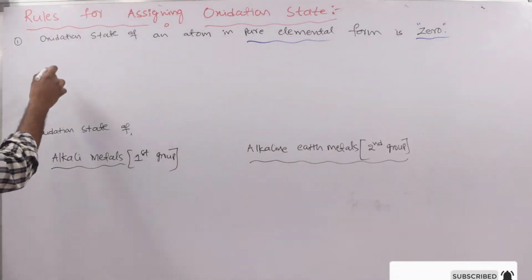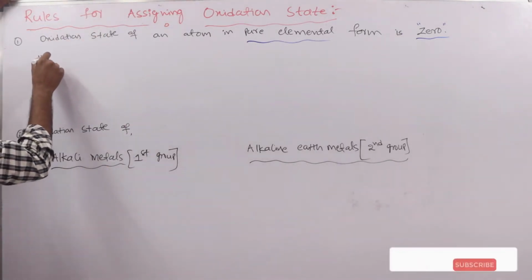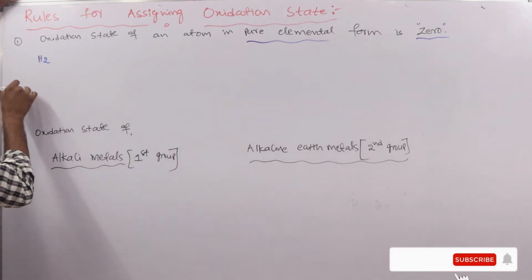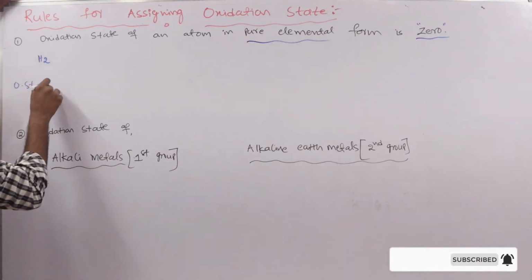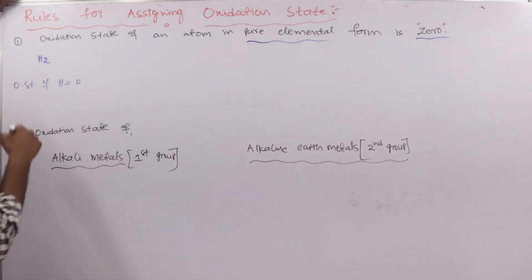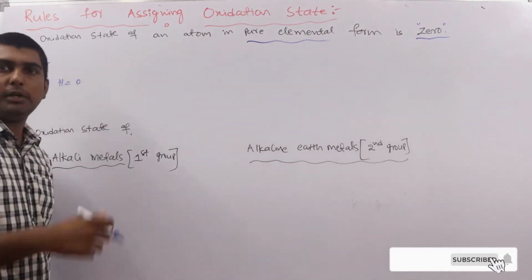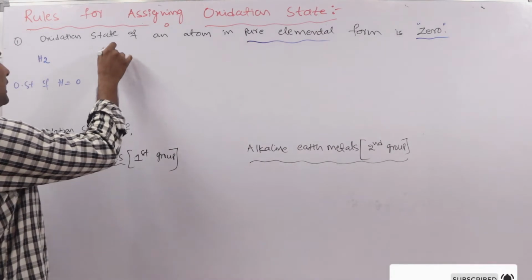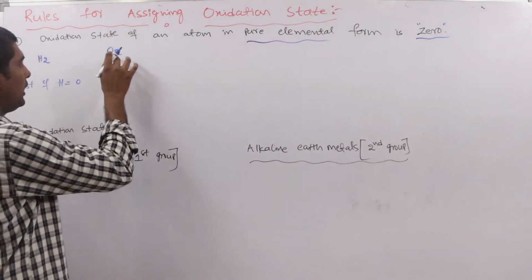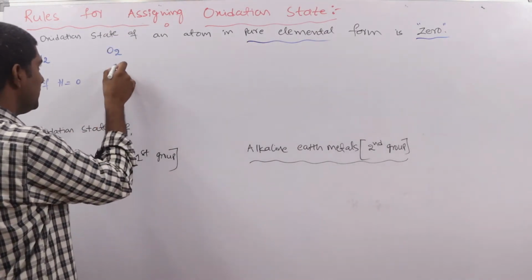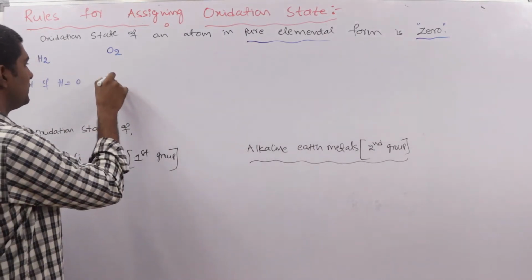Suppose you take a hydrogen molecule, in this the oxidation state of hydrogen is equal to 0. This is in the elemental form. Next, in the oxygen molecule, the oxidation state of oxygen is equal to 0. Yes or no?